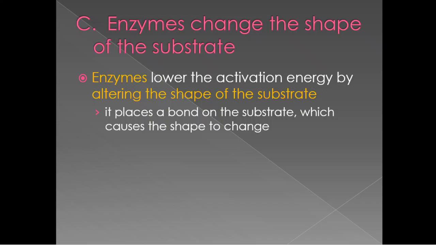Here in biology, we're not going to really explain it. Even in chemistry, it won't really be explained, but if you go up and decide to study chemistry, you can learn how altering that shape lowers the activation energy. It actually just changes the bonds. It places a bond on the substrate, which causes the shape to change, okay? You don't need to know any more than that.